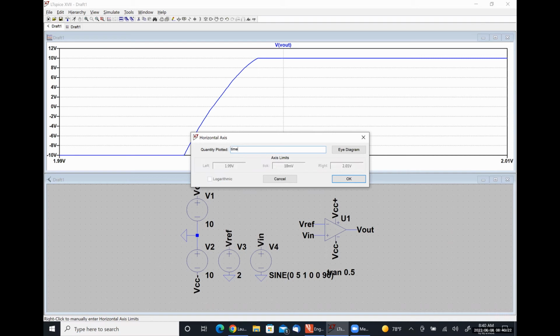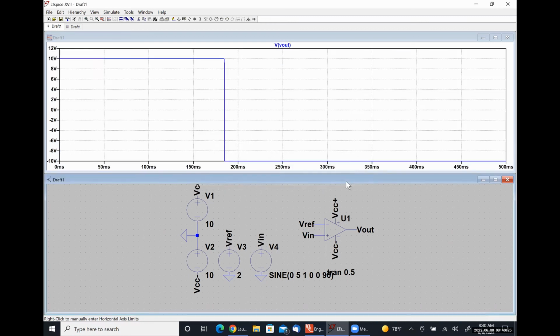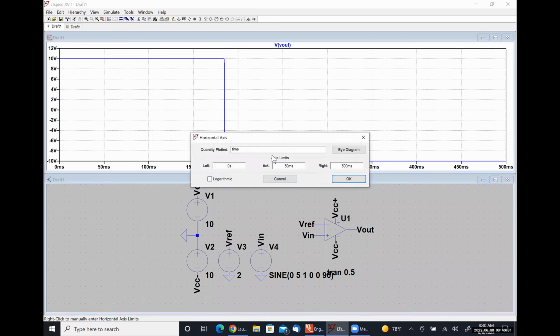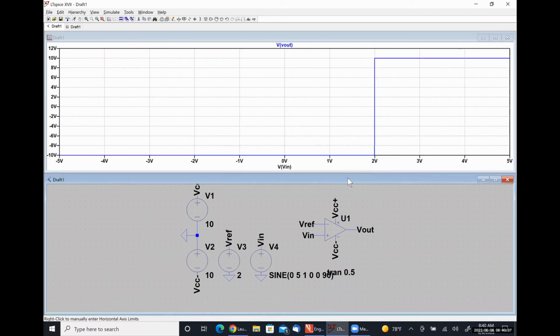So if I put in time, this is what my output signal looks like as a function of time. If I put in V open parentheses Vn, this is what my output signal looks like as a function of the input voltage. So I changed my x-axis quantity effectively to make it match the hand-drawn plot that we had developed.